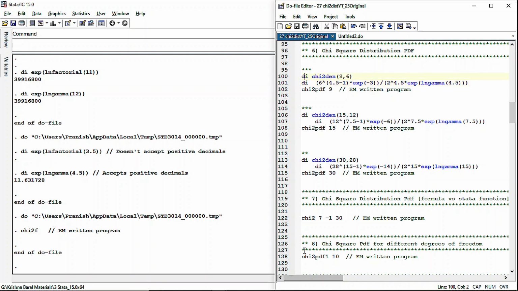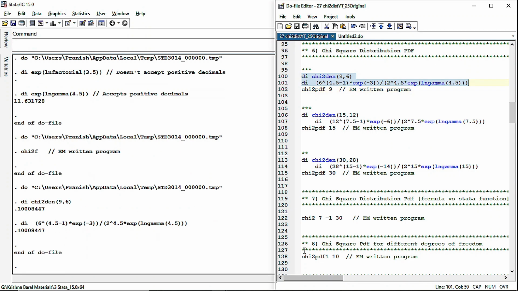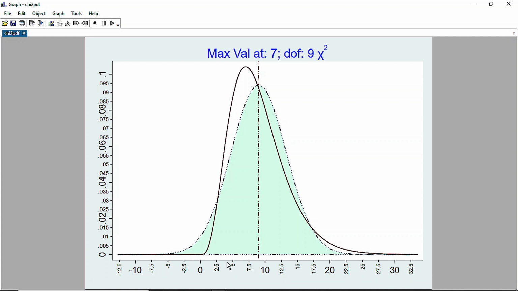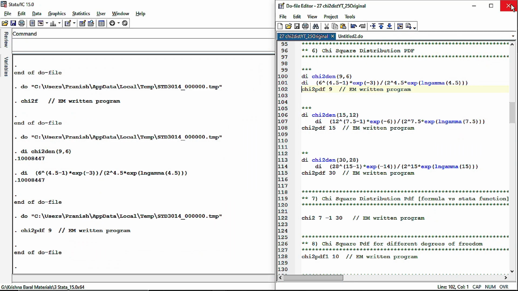Let us see, both of them should yield the same result. It is 10%. So when the degrees of freedom is 9, the probability of getting exactly x equal to 6 is 10%, somewhere over here. At the backdrop we have a normal distribution with the mean and variance equal to the mean and variance of this chi-square distribution.